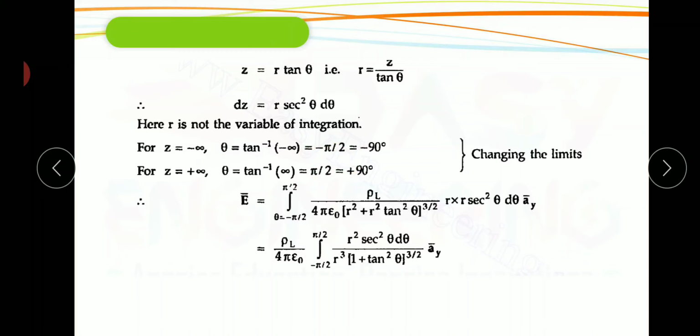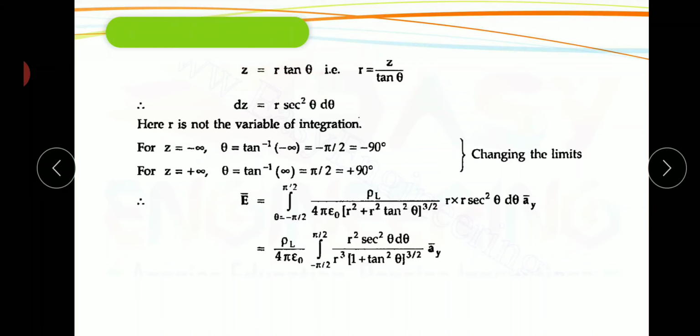Also, due to changing the limits, we have to change the values inside the integration. Now the integration limits are minus pi by 2 to pi by 2, rho_L by 4 pi epsilon naught, and r square plus z square is there. So z square is replaced, that means z is equal to r tan theta.